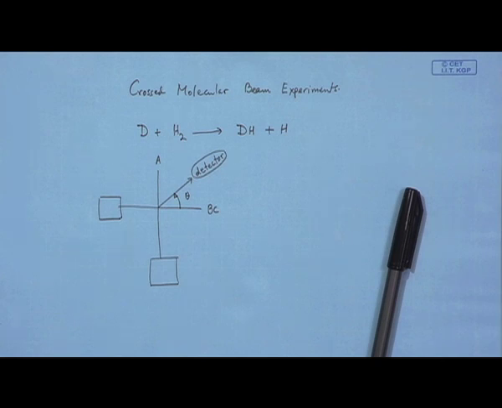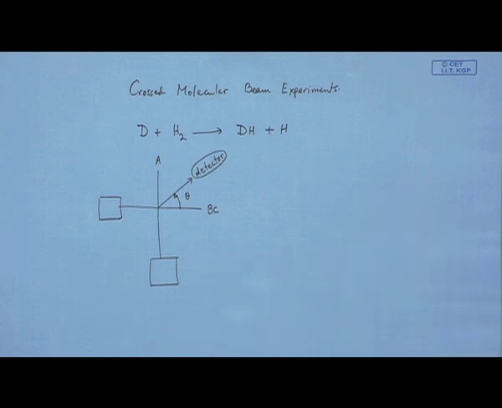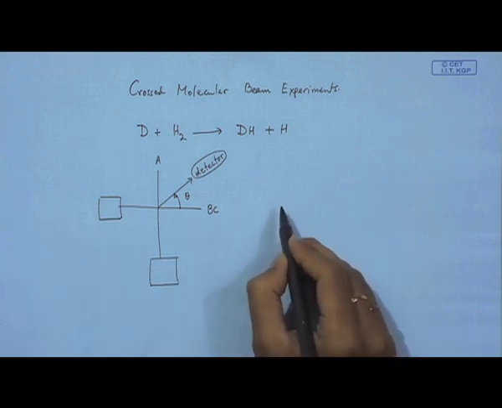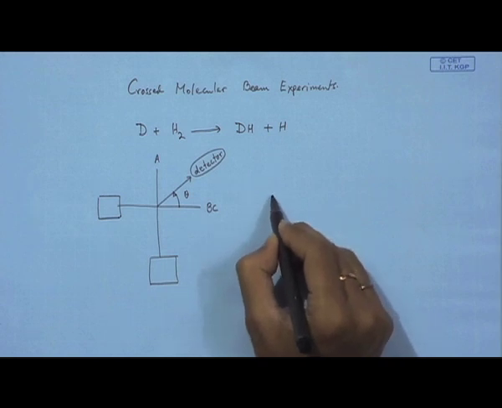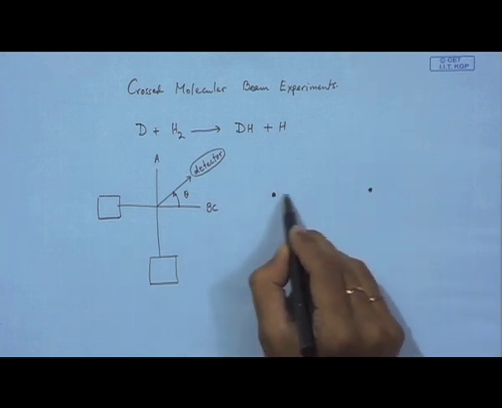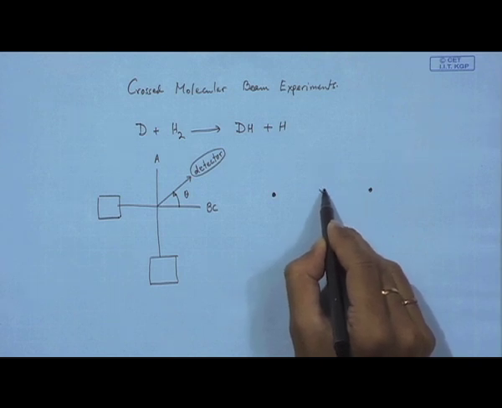Whatever data you obtain for the scattered species is in the laboratory frame, so you have to convert this to the center of mass system. Say you have A over here, B over here, so the center of mass could be somewhere over here.